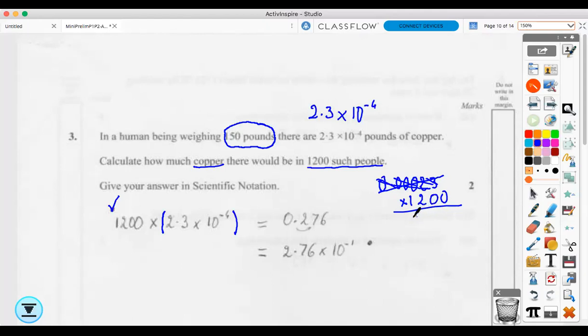Okay. So once you get your 0.276, which quite a few got, now scientific notation. I know you had to do that lesson on your own, but we went through some of these answers. Scientific notation just means whatever number you give me has got to be between 1 point something and 9 point something.